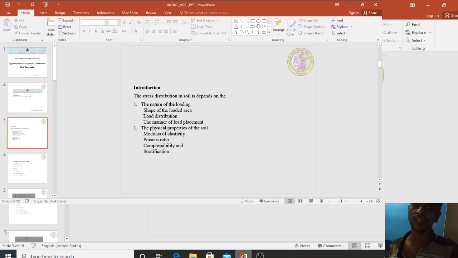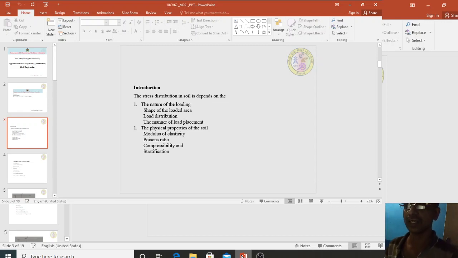Next, Poisson's ratio, mu. Poisson's ratio varies from 0.5 to 0.9. For some soils it may be 0.5, or for some soil in the extreme case 0.9. So that also plays a vital role.